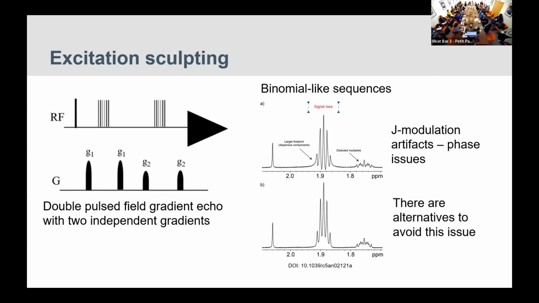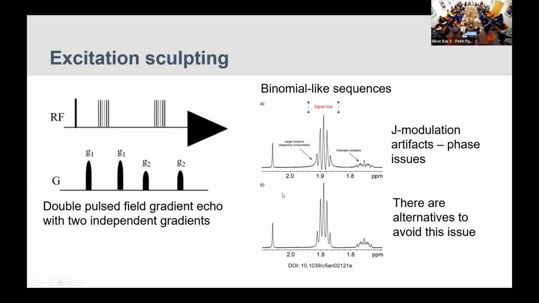And the problem historically with those binomial-like sequences is that because they're also longer than, of course, simple pulse acquire sequences, if you have strong couplings in your samples, you start to see J modulation artifacts, and then they lead to phasing issues like this, and of course also to signal losses.